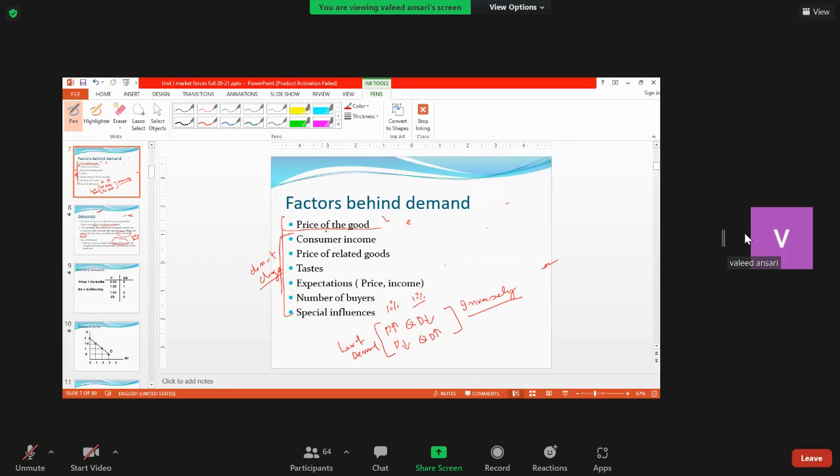For example, the price of any product may have increased, but income may have also increased. So instead of the quantity demanded declining, it may remain the same or may not be affected. Or if you are not holding this constant, it may happen that the price has gone up, but the price of a substitute product, which the consumer can use in place of the other, may also have gone up.